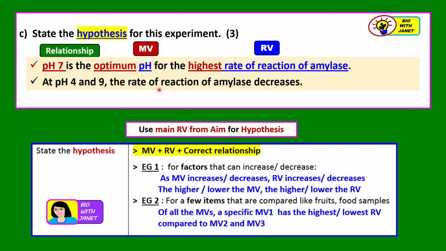At pH 4 and 9, the rate of reaction or activity of amylase decreases. Again, the MV is the pH, the RV is the rate of reaction or activity of amylase. It is better to use rate of reaction in this case, if it's already mentioned in the table. And your relationship is that at pH 4 and 9, the rate decreases.